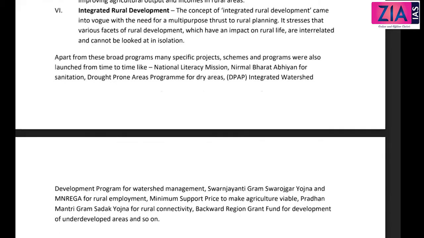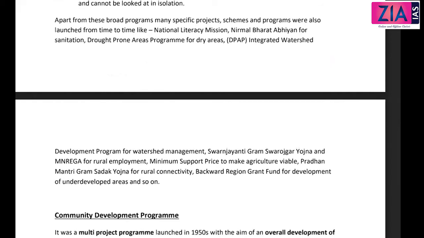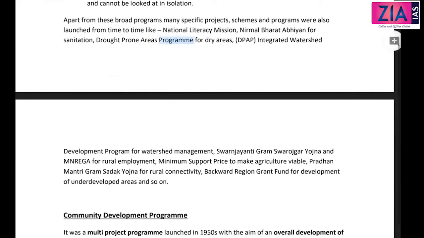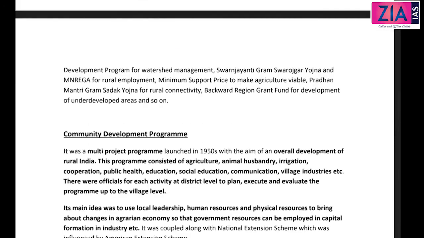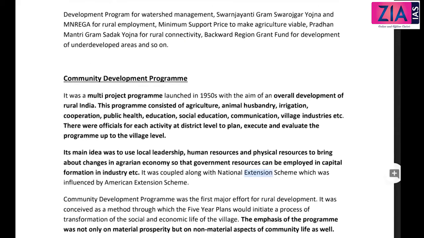Various schemes are there in integrated rural development. Apart from this, many small programs like National Literacy Mission, Nirmal Bharat Abhiyan, Drought Prone Area Program, MGNREGA, Swarna Jayanti Gram Swarozgar Yojana. All these names have changed now and been modified also. But when you discuss in general at that point of time, we are discussing all these.